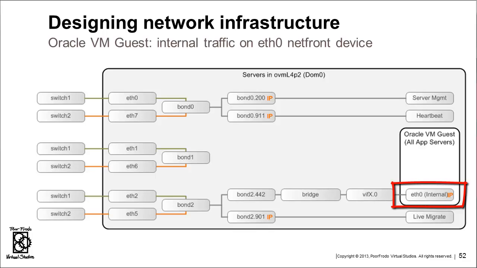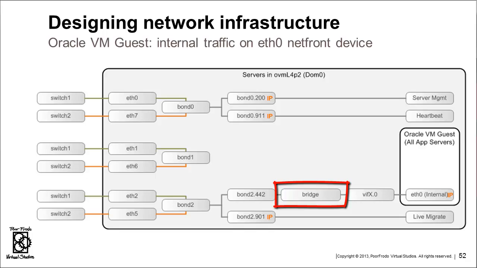ETH0 on the virtual machine is called netfront. It in turn communicates with the netback device on DOM 0, which communicates with the Xen bridge. The Xen bridge is sort of a traffic cop that directs what packets from each DOM-U get sent to the VLAN device and what packets from the VLAN device get sent to which DOM-U.